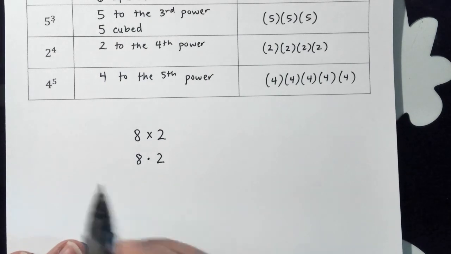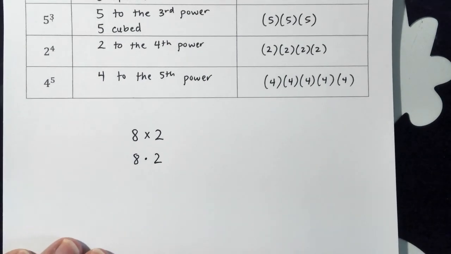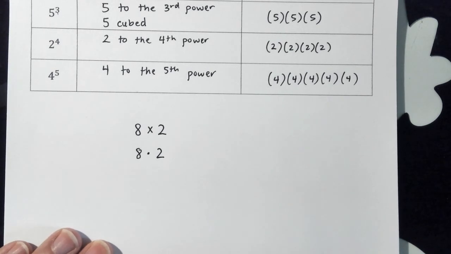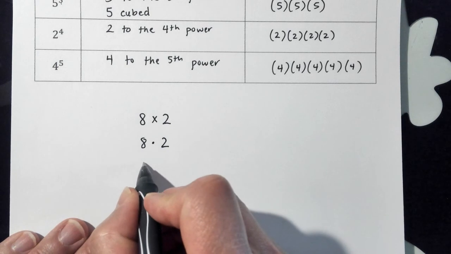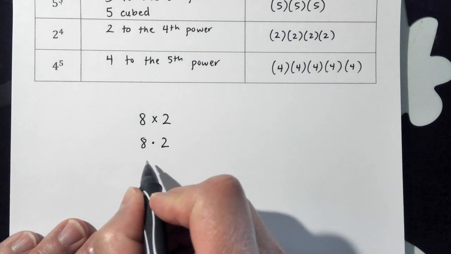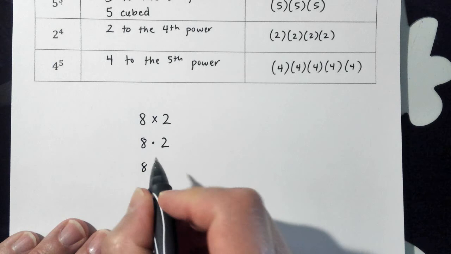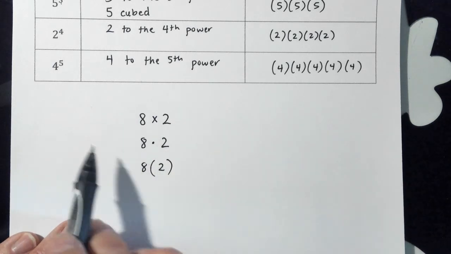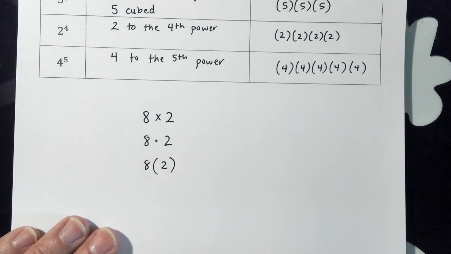So, how you write things matters. How you say things matters. How you treat people matters. Details are important. Anyways. And you also learned in roughly middle school that you could also use parentheses. All of these mean 8 times 2, 8 times 2, 8 times 2.